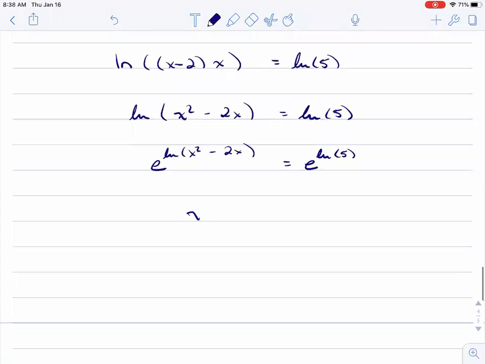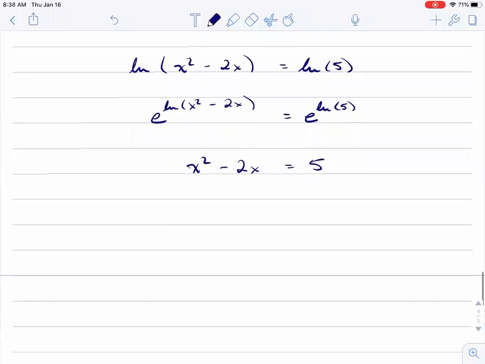And so we get x squared minus 2x is equal to 5. Cool. Trying to solve for x, if I move that 5 over to the left-hand side, then I get x squared minus 2x minus 5 is 0.